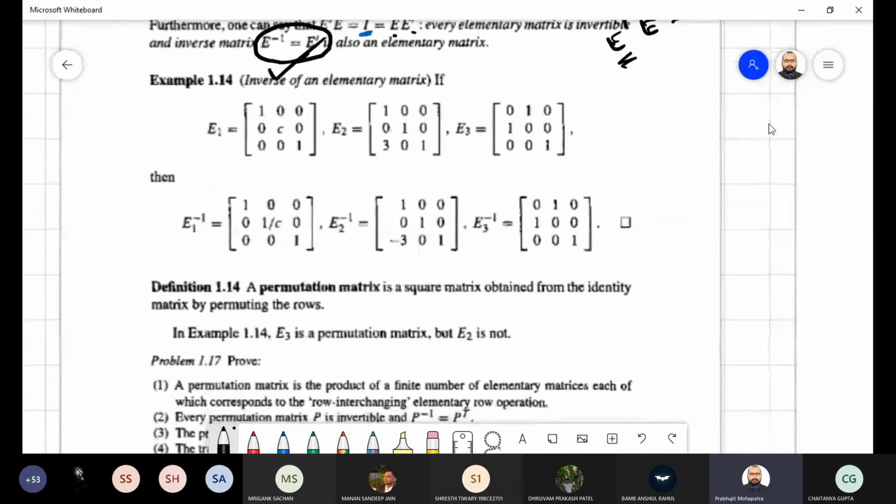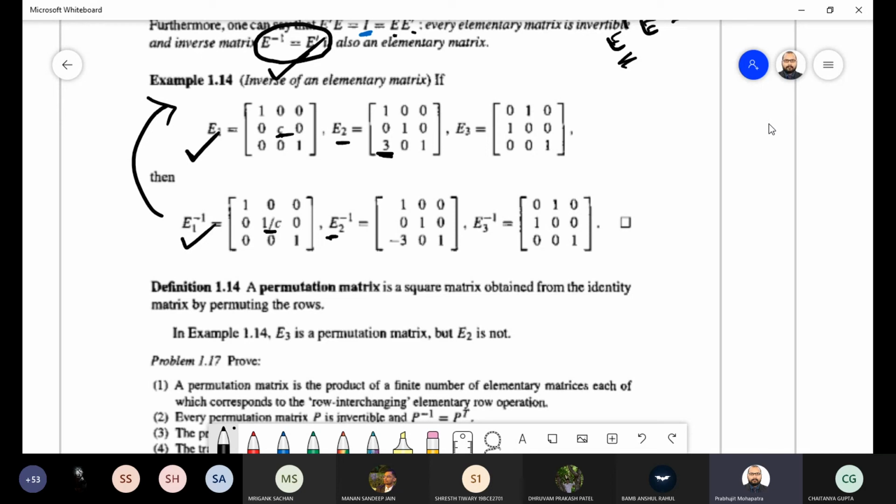Those are the things that are not important. What is important? Here you can see if E1 is the matrix where the second row is multiplied by C, E1 dash is nothing but 1 by C multiplied with that row, because with the reverse action you can get the identity matrix. E2 is multiplying 3 with row 1 and adding to row 3.